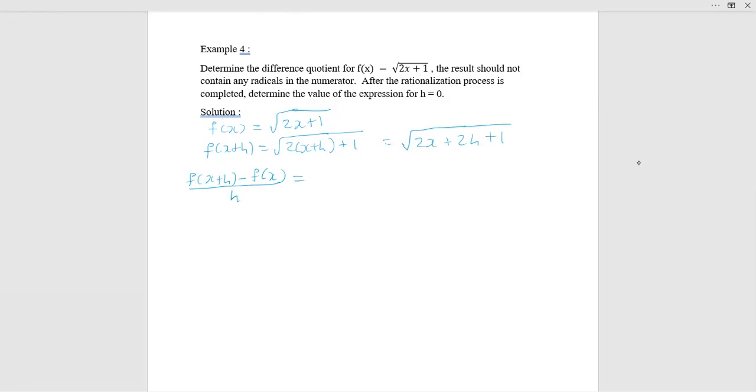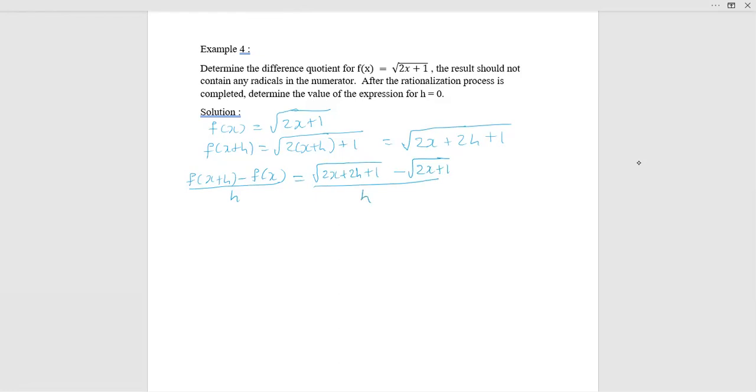f(x plus h) is this line, square root of 2x plus 2h plus 1, minus f(x), square root of 2x plus 1, divided by h.